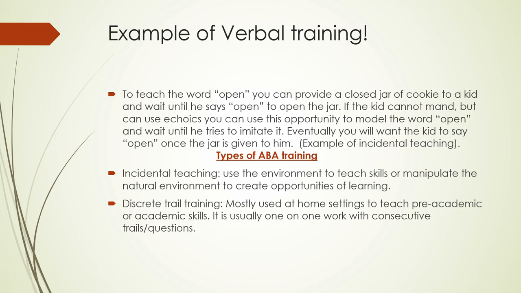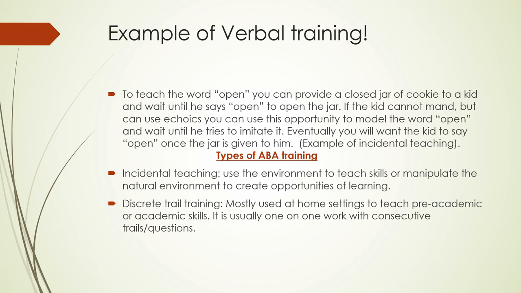And this is, by the way, an example of incidental teaching. It's not discrete trial where you're sitting at a table and giving the child trials to teach the word open. You can do that too, with maybe a flashcard, or a toy that speaks the word and he can imitate it. But this is incidental teaching, where you create opportunities in the environment for this child to communicate.